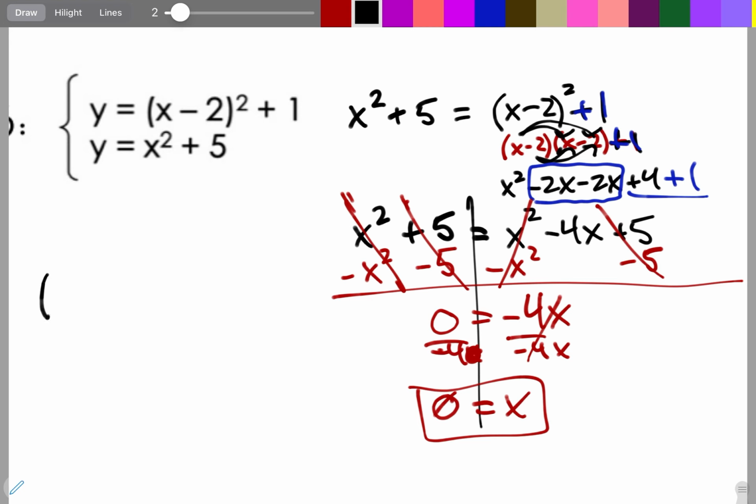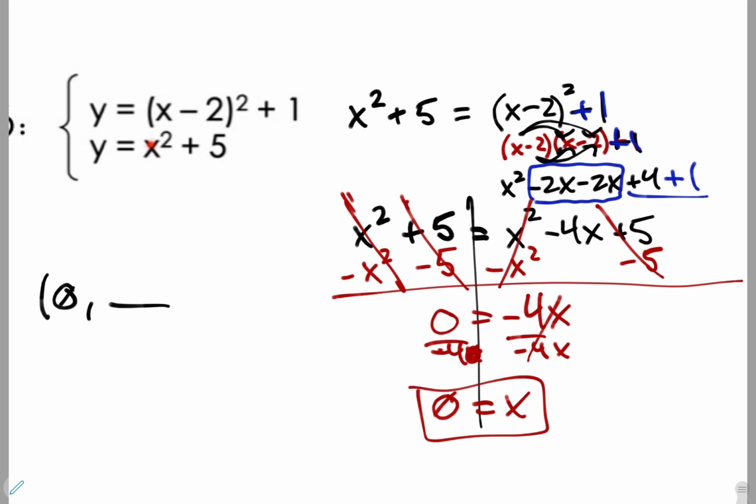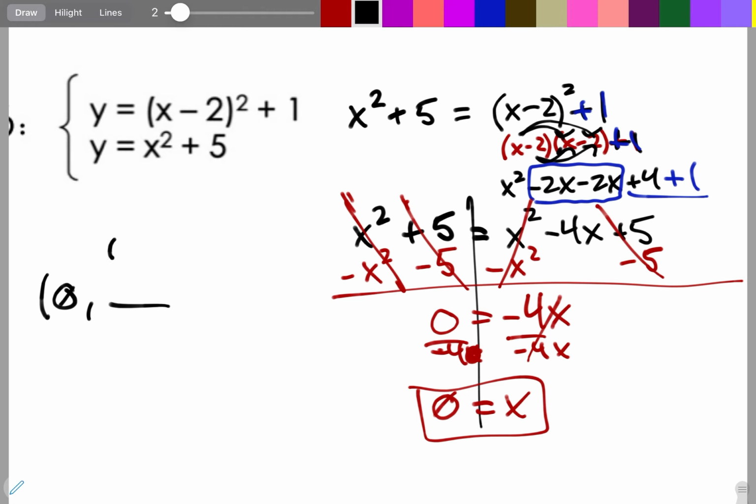Now, with x being equal to 0, what is my y value going to be equal to? I'm going to use this guy right here: x squared plus 5. Put a 0 in there. You end up with positive 5.